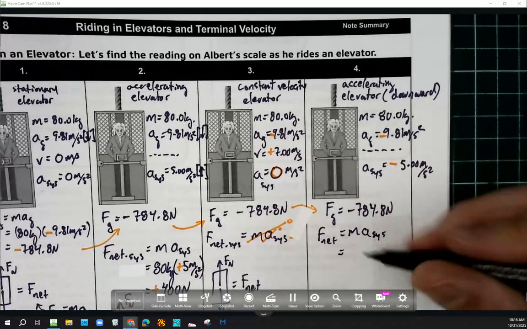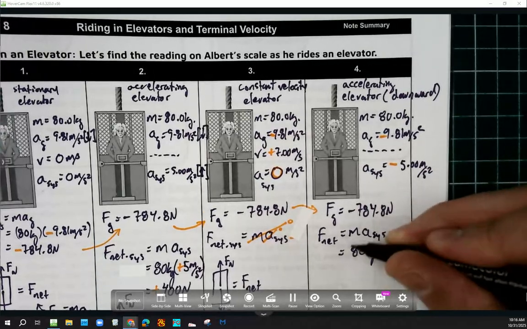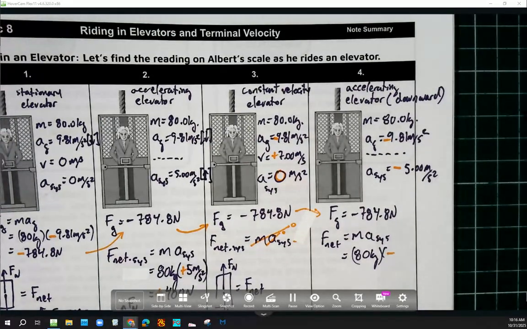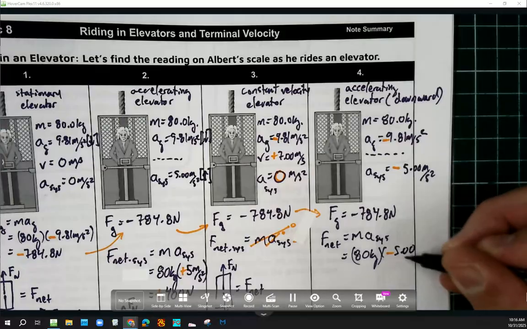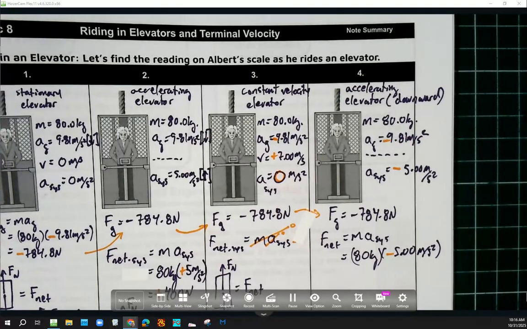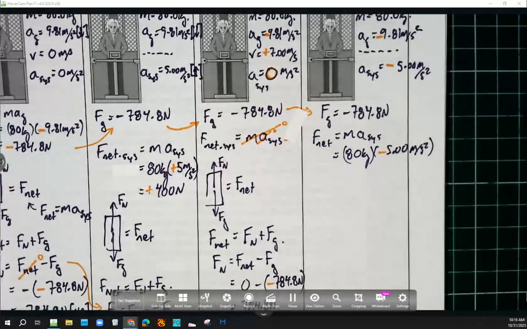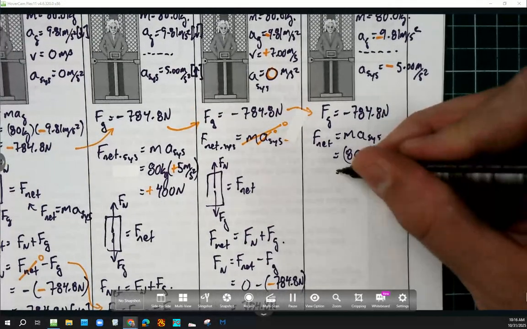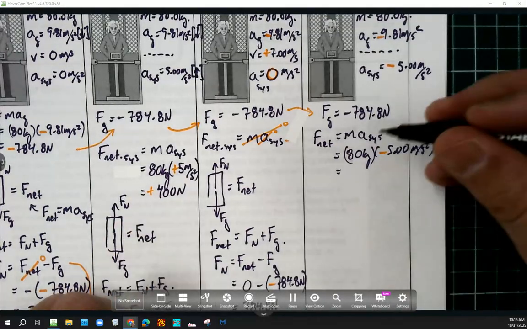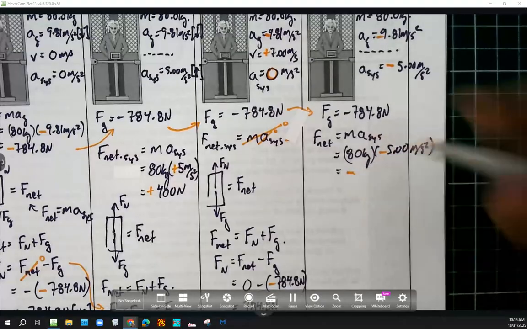So it's going to be 80 kilograms times negative 5.00 meters per second squared. Maybe some sort of acceleration due to braking or slowing down of the motor, however elevators work. And I only chose that so we could have some common numbers. So 80 times negative 5 is going to be negative 400 newtons.